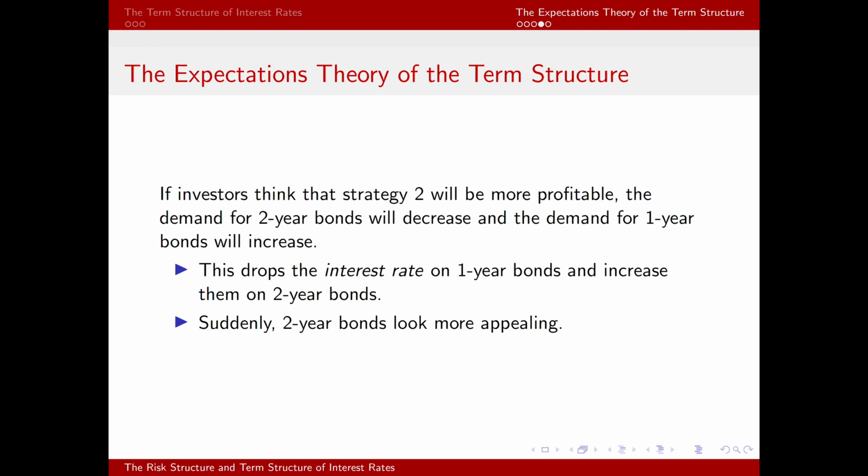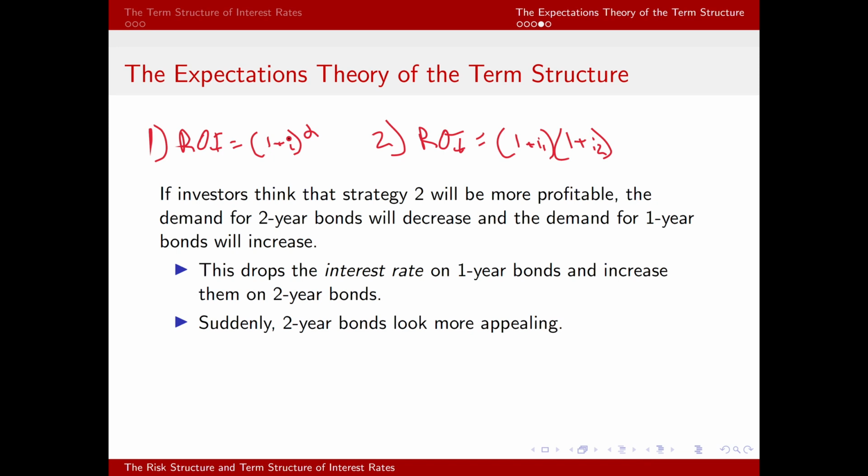So let's look at the two ROIs. Well, the ROI from the first option is equal to (1 + i)^2, whereas the ROI from the second investment is equal to (1 + i1) times (1 + i2). So which do you prefer?